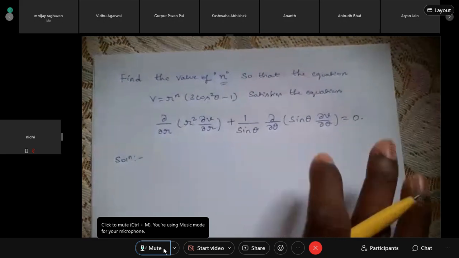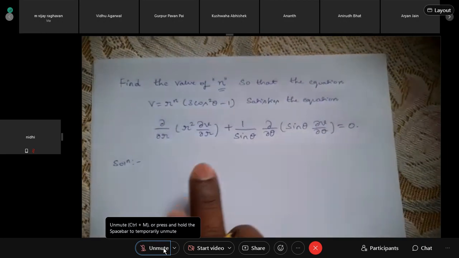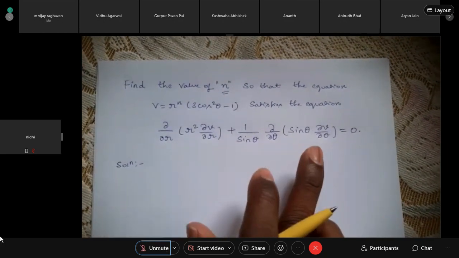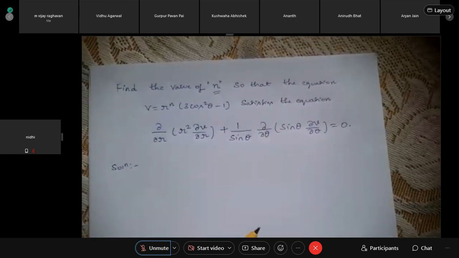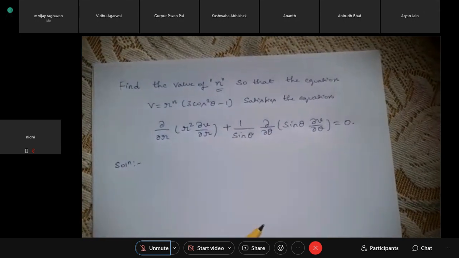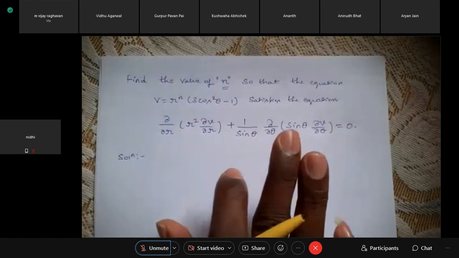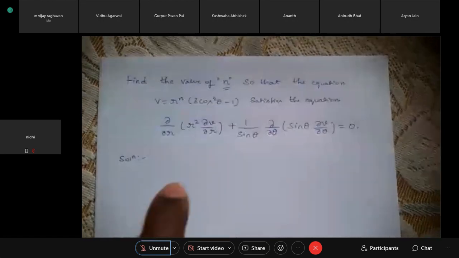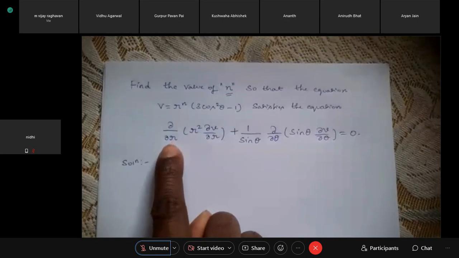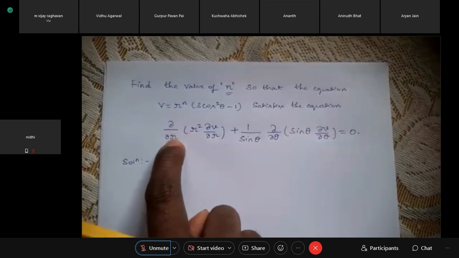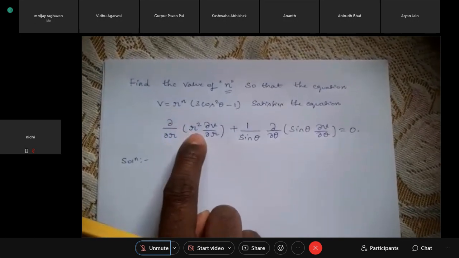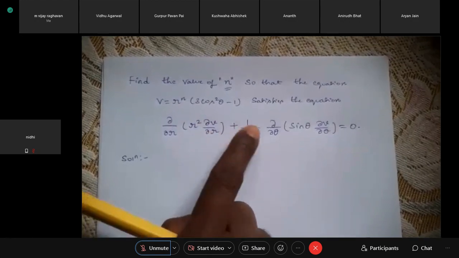This is also one of the very important questions, just like the problem we solved in the previous class, x power x, y power y, z power z is equal to c. Similar to this, don't go straight from this end. Don't start from dou by dou r square, dou v by dou r plus 1 over sin theta.